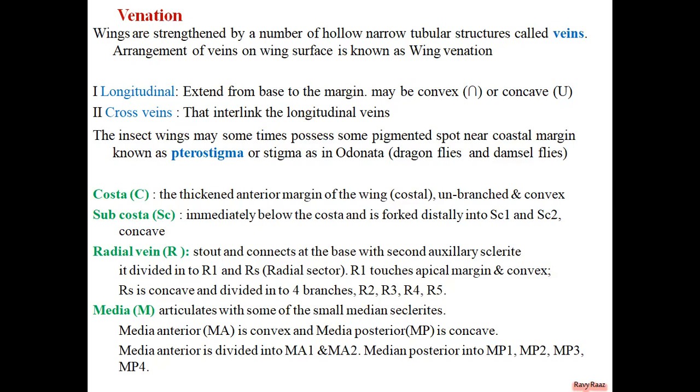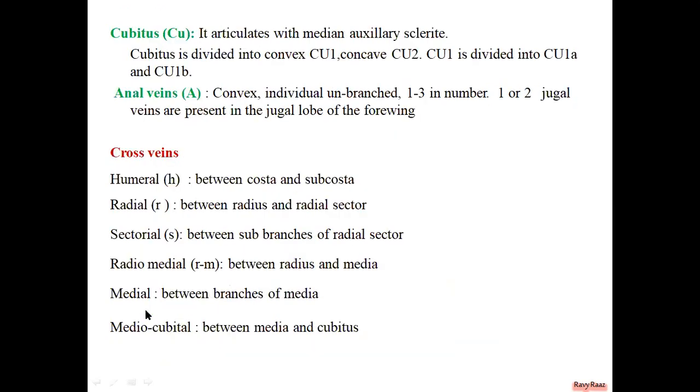The short form of costa is C, subcosta is SC, radial vein is R, media is M, cubitus is CU, and anal vein is A.